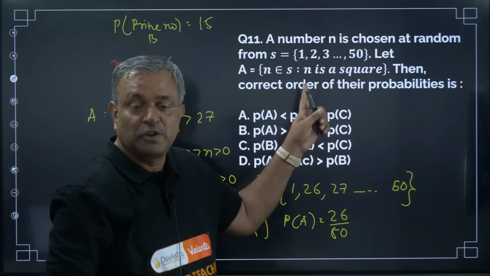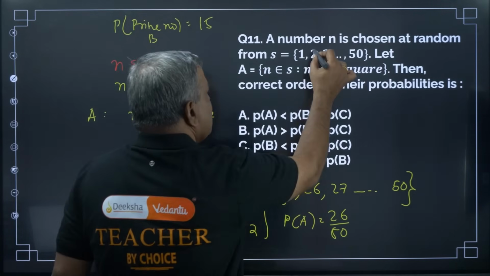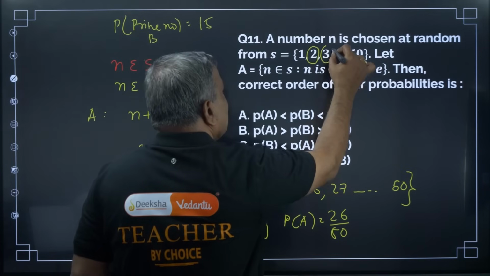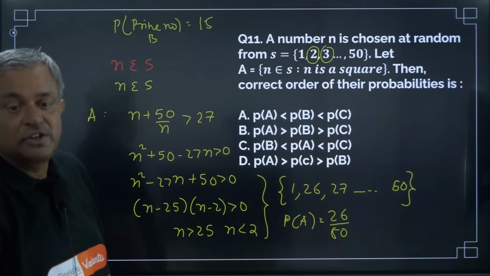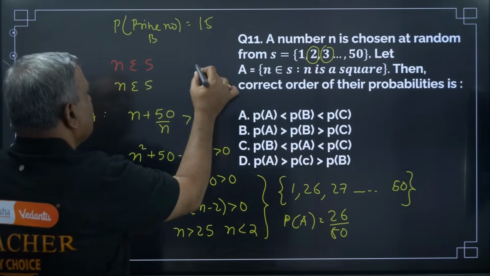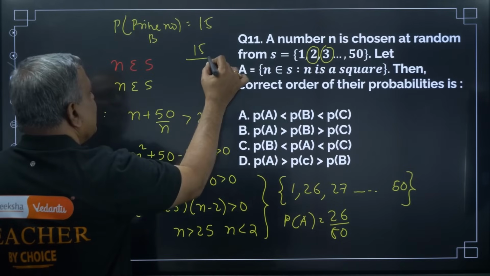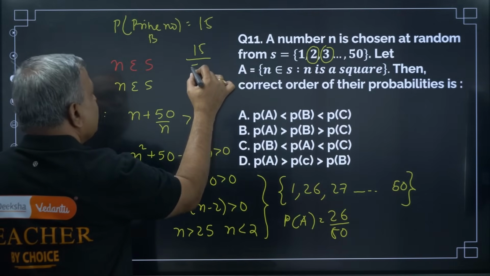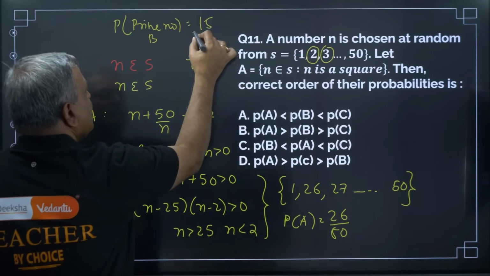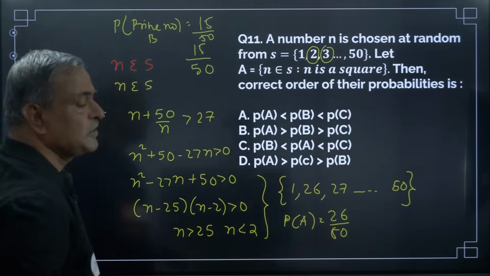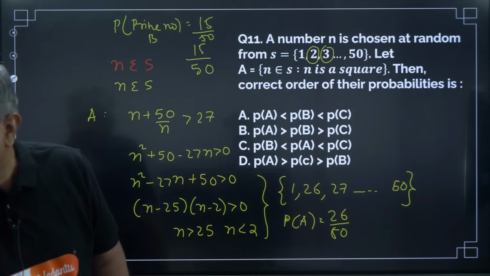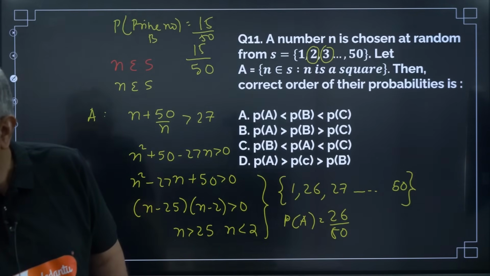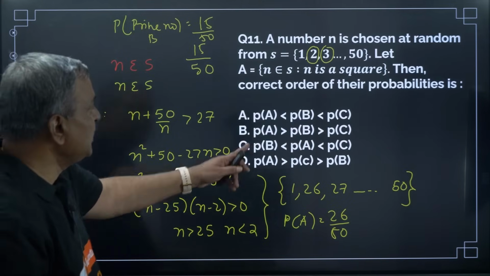Please remember, lot of students do 1 is a prime number. Prime number starts from 2, 2, 3 and all. You have to count. So number of prime numbers will be 15. So probability will be then 15 by 50. Here itself I write 15 by 50 is the probability. What is C? C is nothing but square. What is written here?